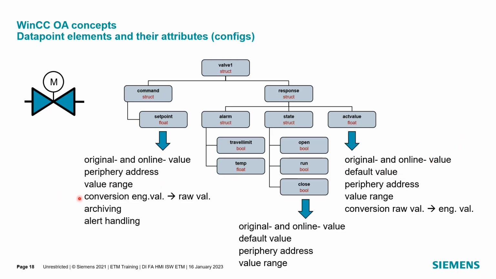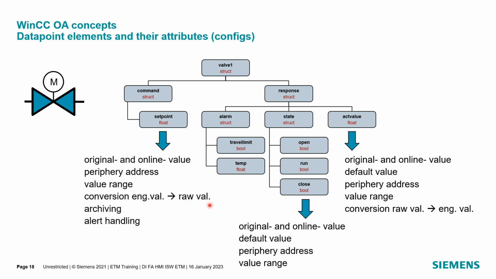Or we do a conversion config on it, which is more or less the engineering value to the raw value. So think about, you have a water tank, right? So we have this water tank, and this water tank is filled with water, right? And the PLC pump is dealing here with liters. But in the SCADA system, I'm not interested in how many liters are inside, because I have to compare it somehow.